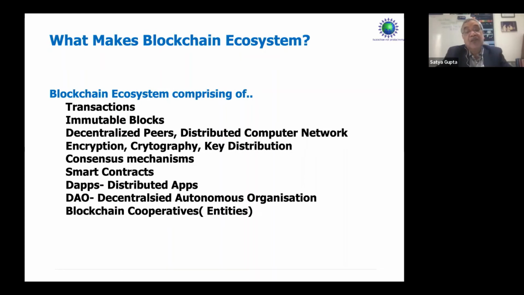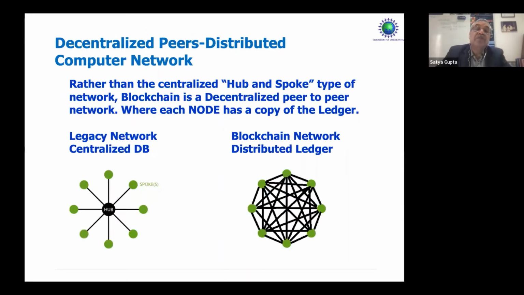In blockchain, it is totally decentralized, totally autonomous. And then there are blockchain cooperatives, also called blockchain consortiums or entities, which are another part of the ecosystem. So this is what I meant by decentralized peers and distributed computer network.